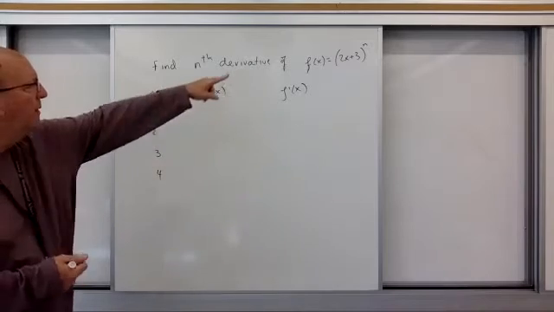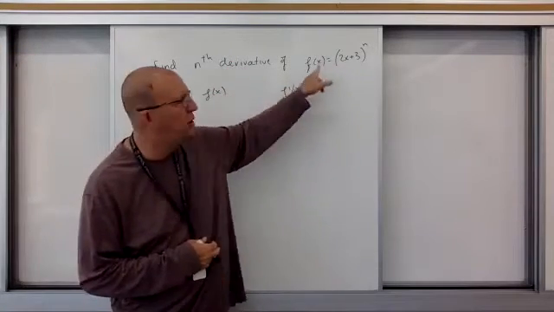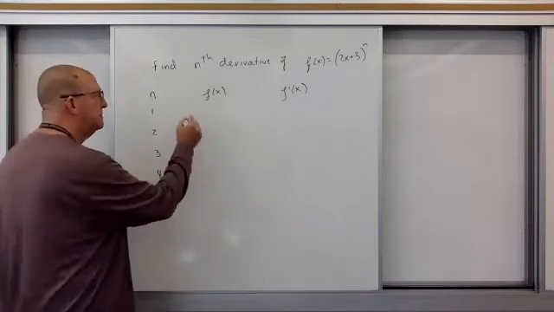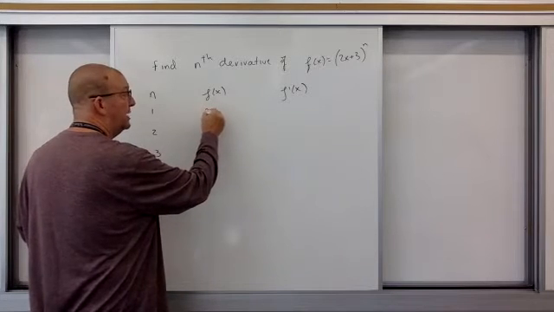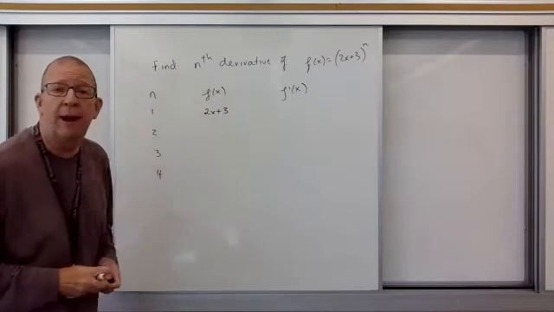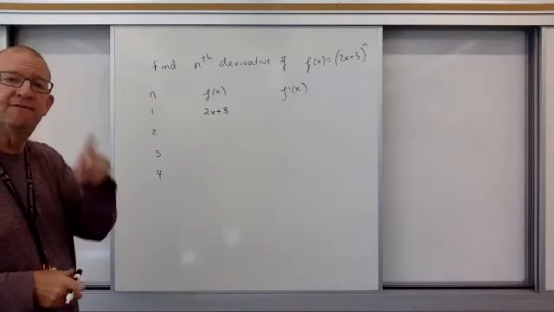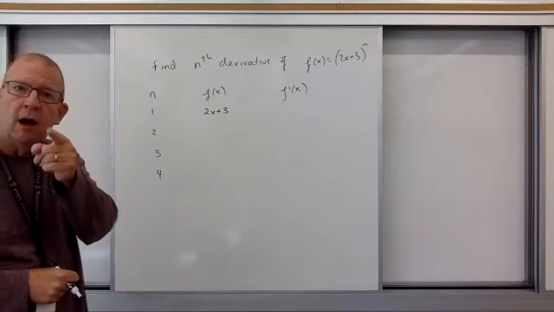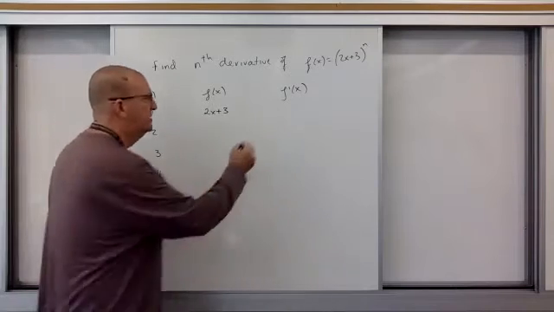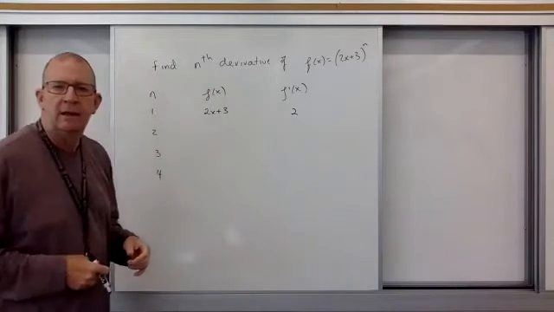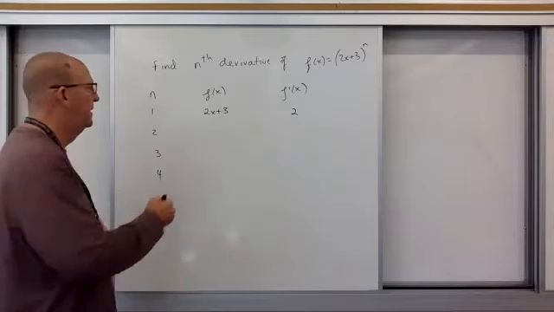So here we go. When n equals 1, what is f of x? If you said 2x plus 3, you would be correct. So what would the derivative be? The first derivative? Oh, that's 2. And now let's let n equal 2.